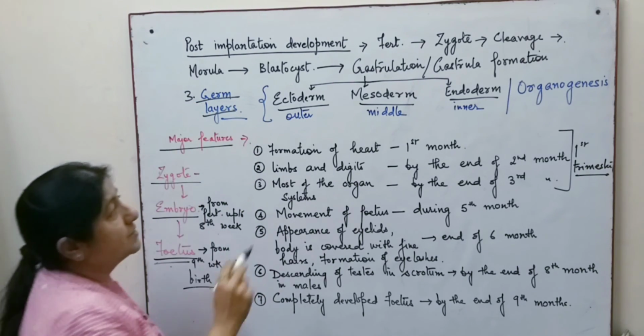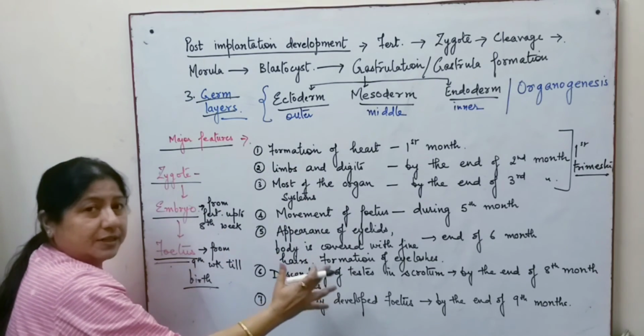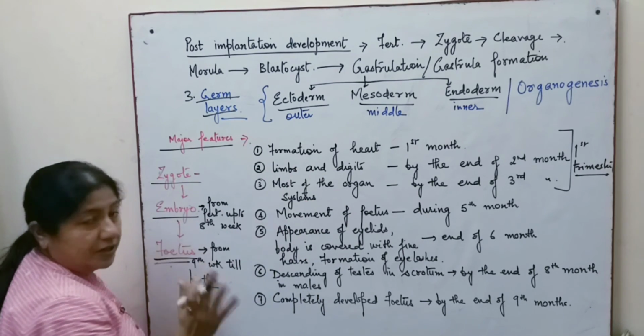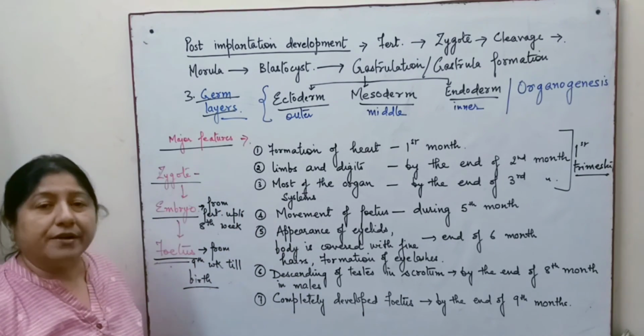These 3 germ layers will undergo the process of organogenesis so as to form various kinds of organs, and by the end of the 3rd trimester, the completely developed fetus is ready for the delivery.